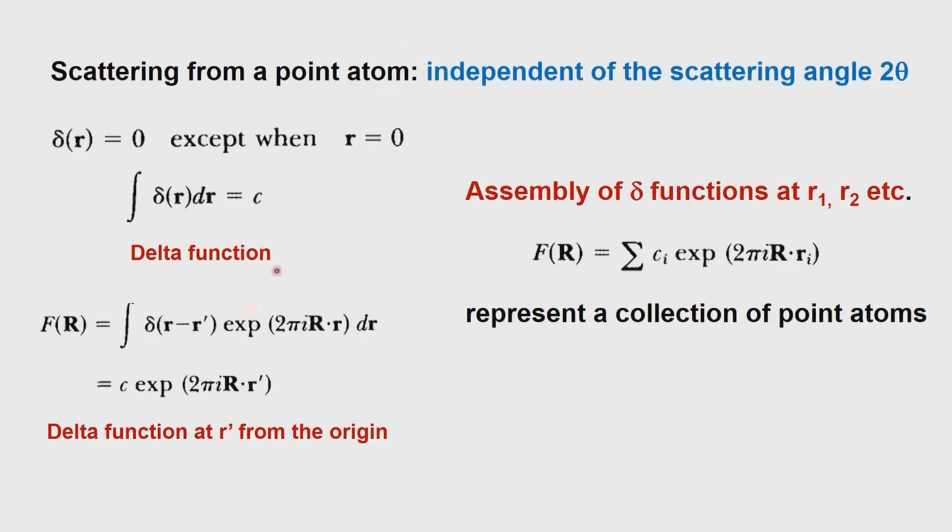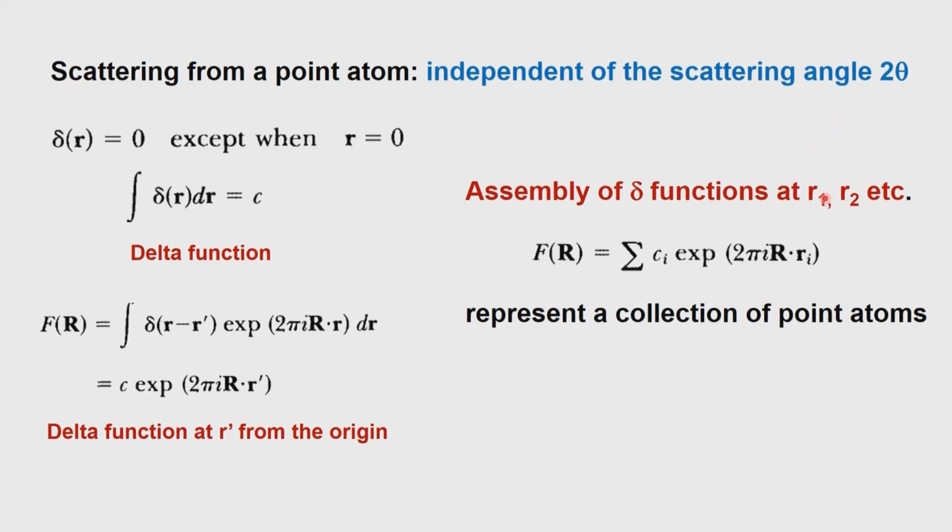Now suppose we have a large number of point atoms, which is essentially the crystal. In a crystal we have, let us say, 100 atoms. Let us consider each and every atom as a point atom. They are located at r1, r2, r3 from the origin. So we sit at an origin, and consider r1, r2, r3, r4, etc., the positions of the atoms.